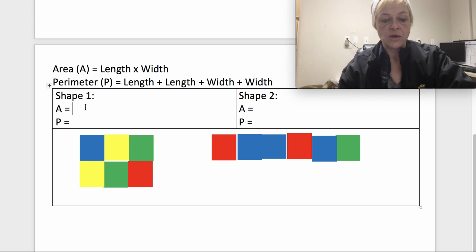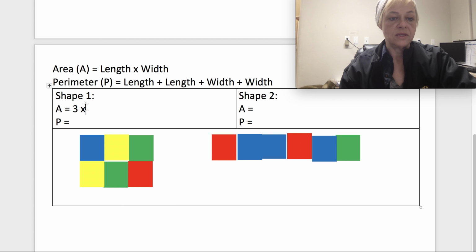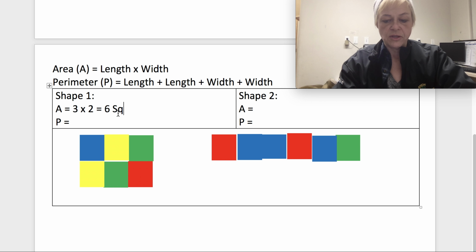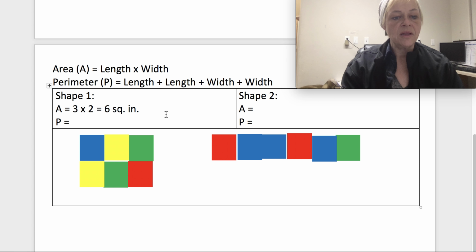So we know the length is 3, and we're going to multiply that by the width. The width is 1, 2. And 3 times 2 is 6. We are going to be sure to label our answer. The area of this first shape is 6 square inches.